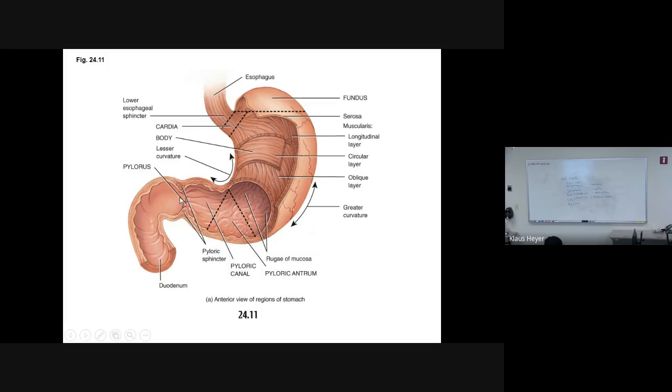You want to open this pyloric sphincter up just a little bit and let half a teaspoon of chyme through at a time. Otherwise, if you keep dumping chyme in here, you're going to burn a hole in it. You'll get a duodenal ulcer, right?